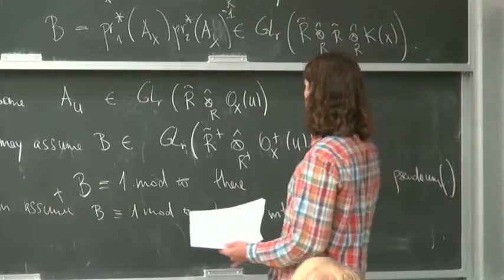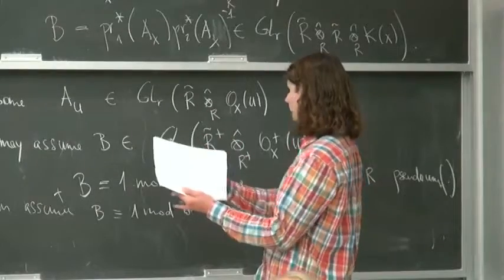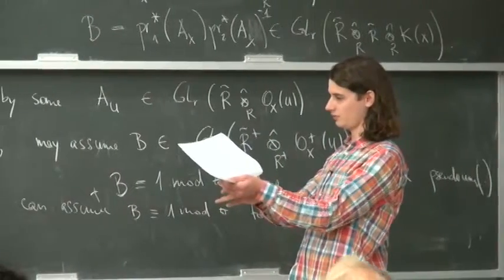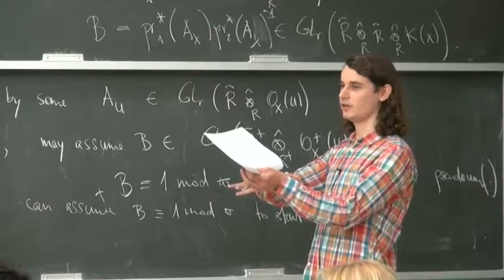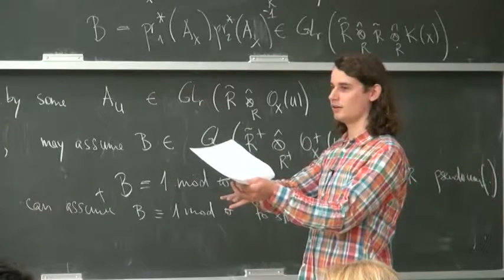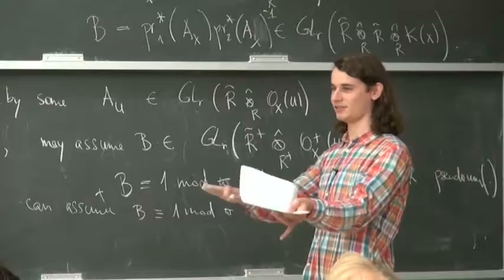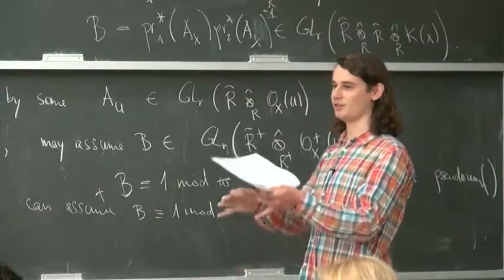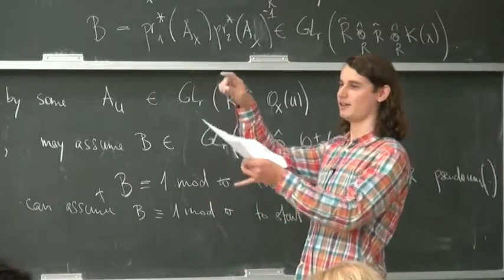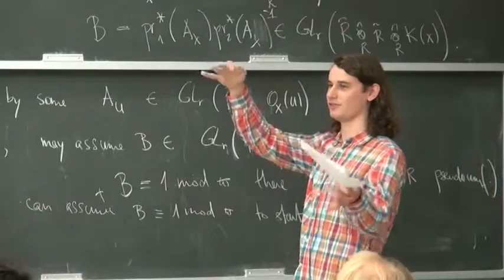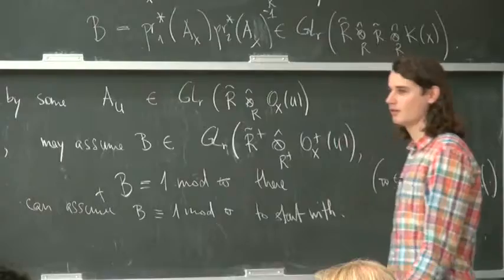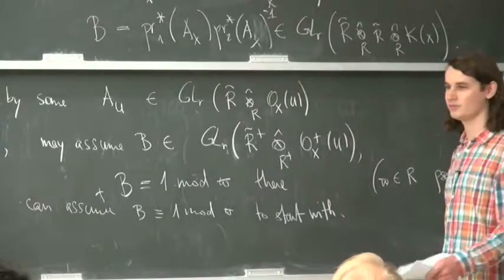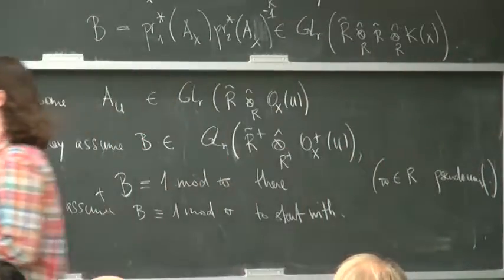Yes, but if something is 1 mod pi in the fiber over X, then it's 1 mod maybe a slightly smaller power of pi in a neighborhood. Because the loci where these elements are close to 1 define an open subset. I'm just saying you can get arbitrarily close to the full maximal ideal. So I can replace pi with a root if I want to.